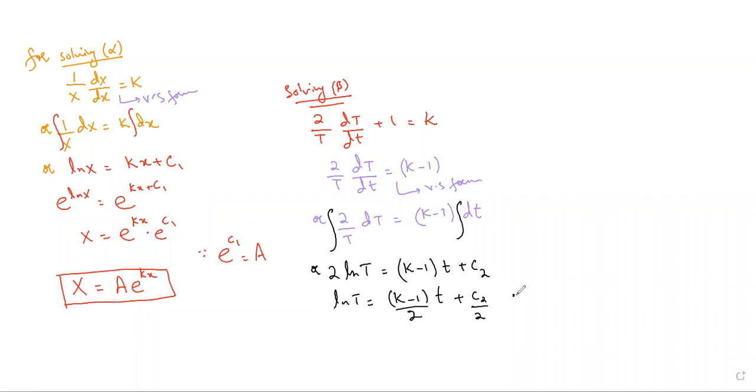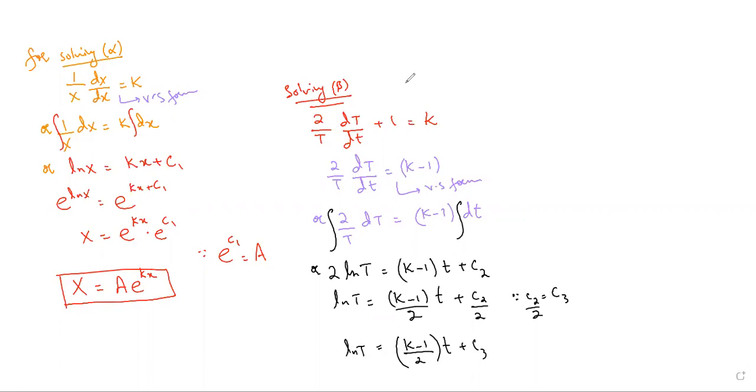So this c2 divided by 2 can be considered as any other constant. Let's say this is c3. So this will become (k minus 1) divided by 2 times t plus c3 for ln T.